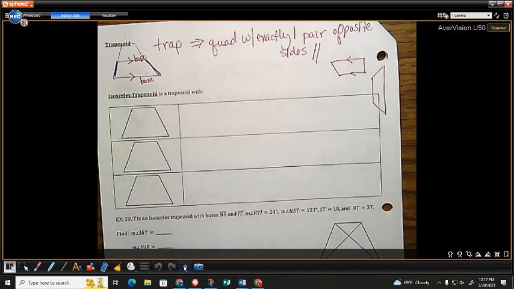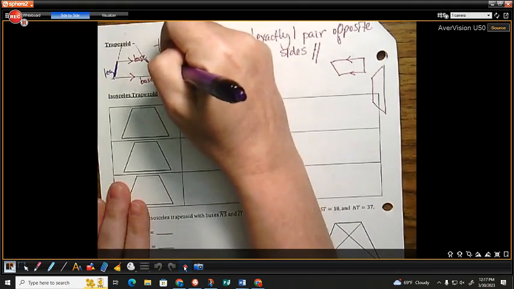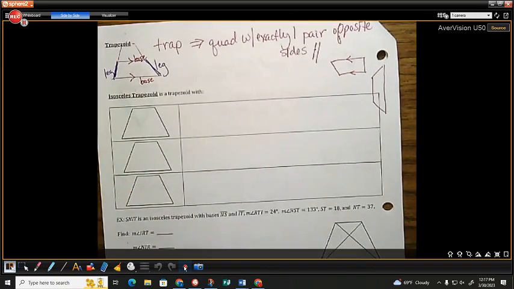A parallelogram. And so they can't be called bases, so what should we call them? What did we call the sides of triangles that weren't the base? Legs. So we just call them legs. I know, but that was what we did for triangles, so that's what we're doing here.